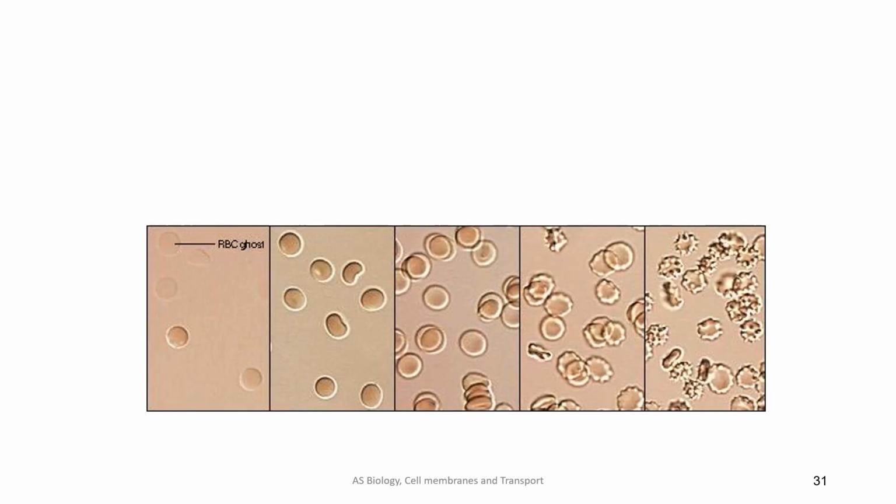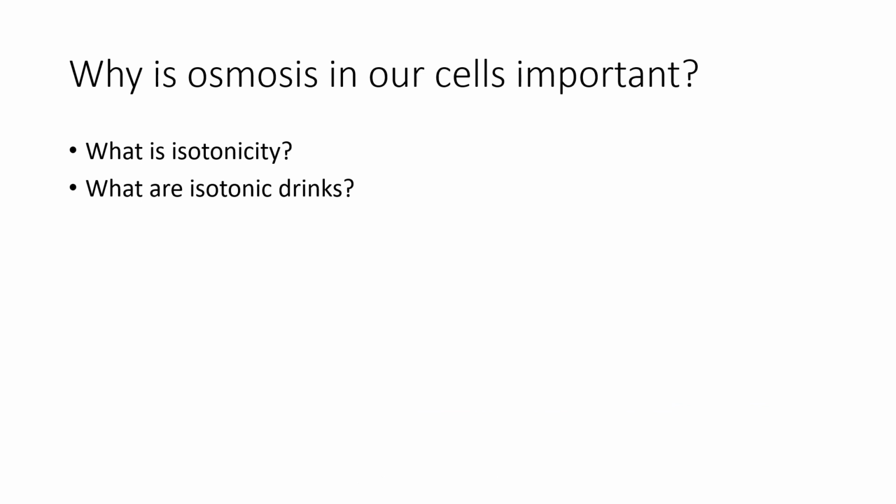So this is just an example of the slide we just saw. This is really what happens to our red blood cells. So you can see they are starting to shrivel. And this state here, when they're shriveling because of a lack of water, is called crenation. They are crenating.